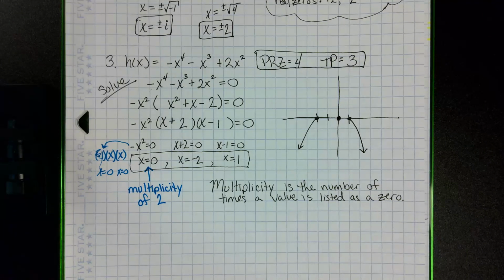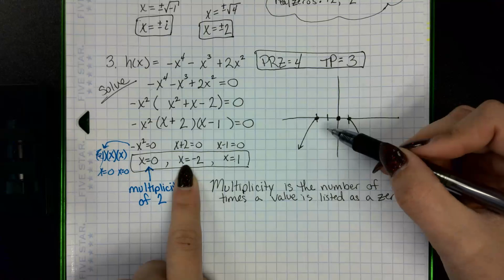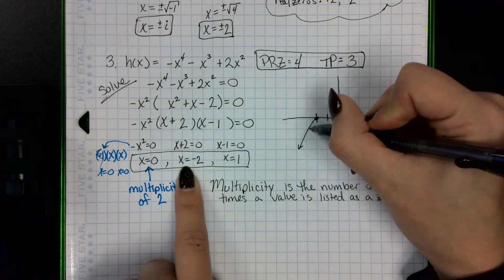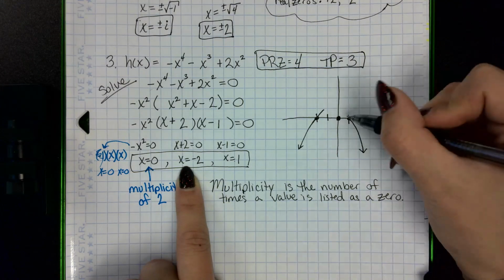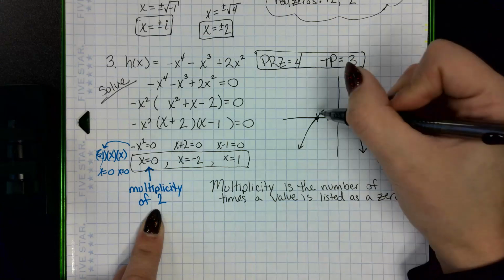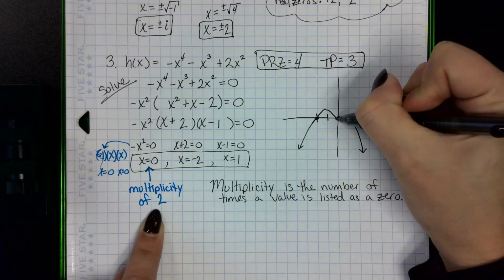And when you have an odd multiplicity, your graph is going to pass through the 0 at the x-axis. So if this is negative 2, that's a multiplicity of 1. That's an odd multiplicity. So this graph is going to pass through that 0. And then my next 0 is at 0, and it has a multiplicity of 2. So when you have an even multiplicity, you're going to bounce off.